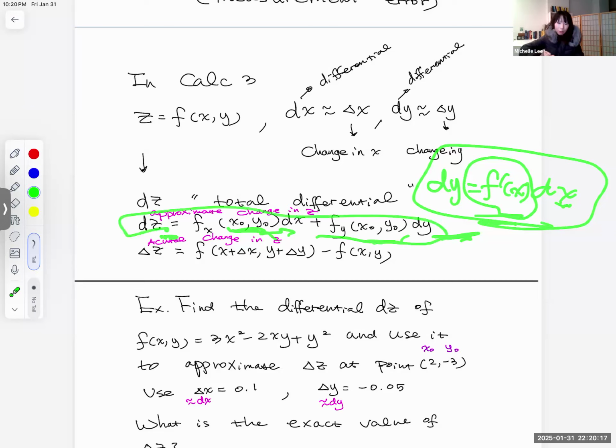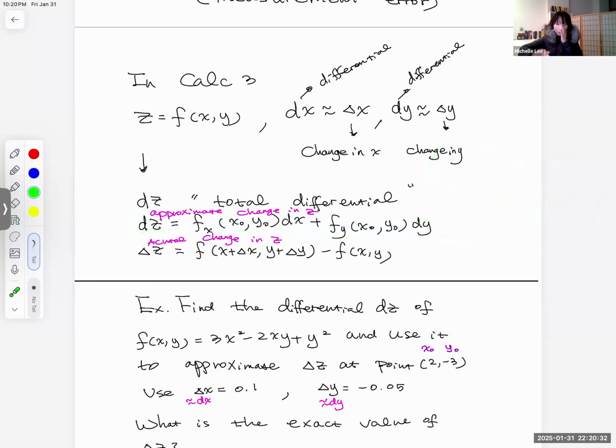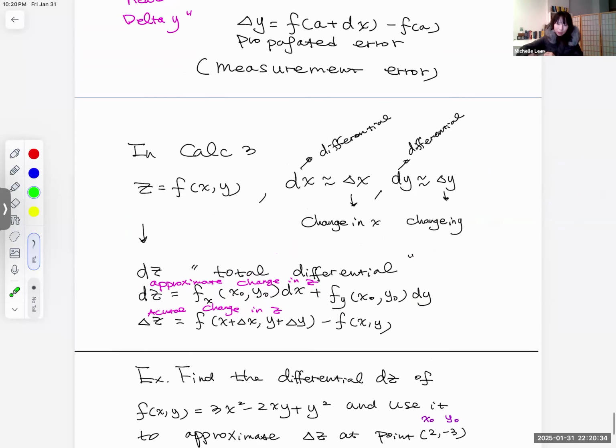Okay, so if we are using approximation, then we are using dz, which is the total differential. What about delta z? Delta z follows the same equation as delta y, right? So f of a plus dx minus f of a.